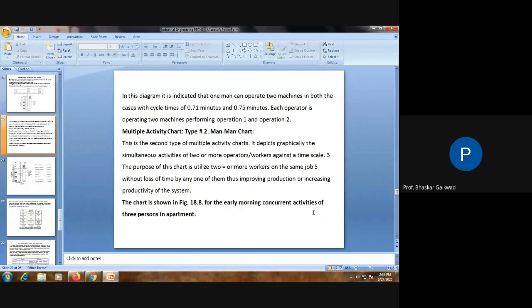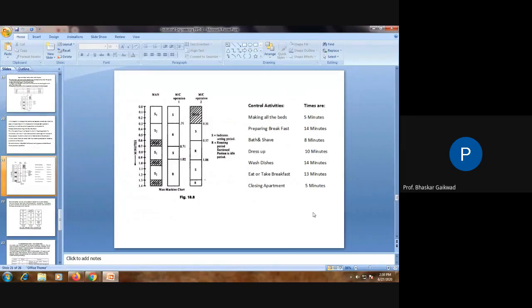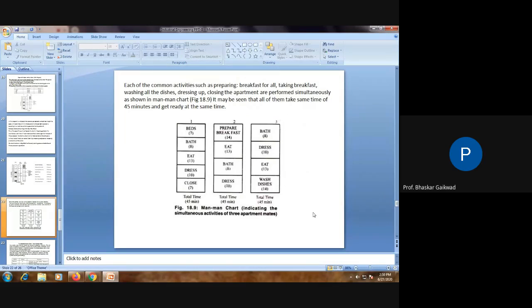These charts are shown in these figures. Already we have taken these examples, but on the right side, here the common activities relate to apartments. In the man machine chart, common activities such as preparing breakfast for all, taking breakfast, washing, dressing, and clothing for the apartments are performed simultaneously.